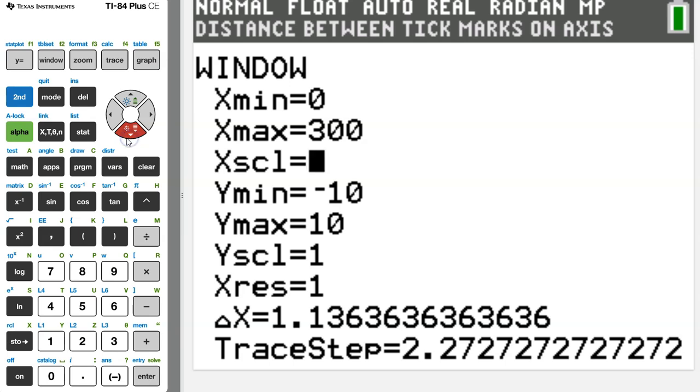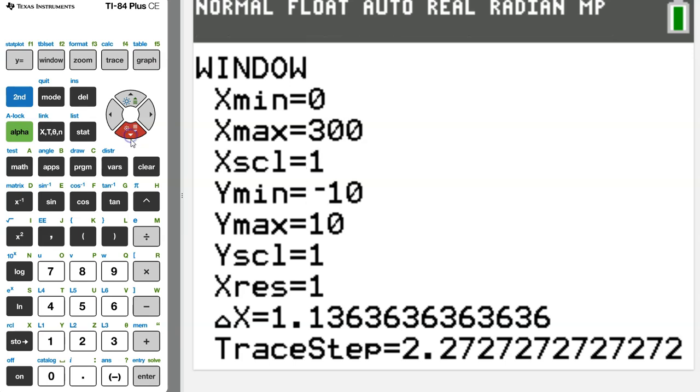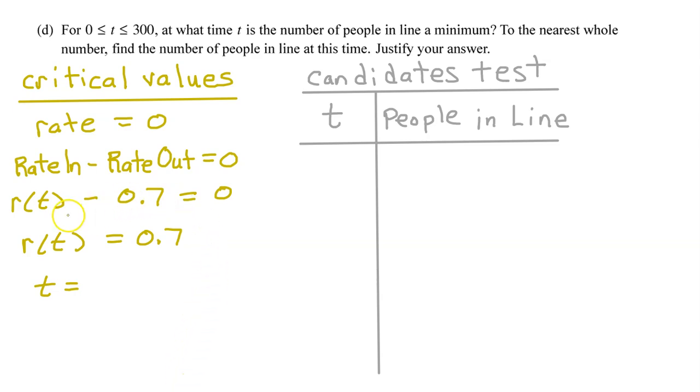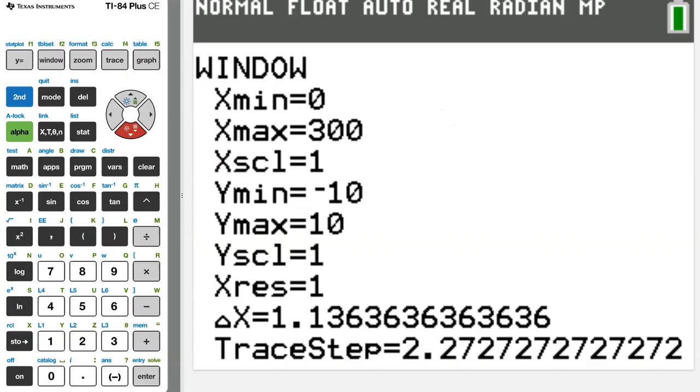Now the ymin and the ymax takes a little bit more thought. The main thing I'm looking at is the fact that the constant rate out is 0.7. That's a pretty small number. So in general, we are talking about small numbers probably for the rate in and the rate out. So we might make the y max be something small like 1, 2, 3, or 4.